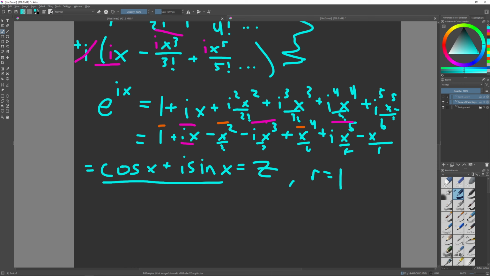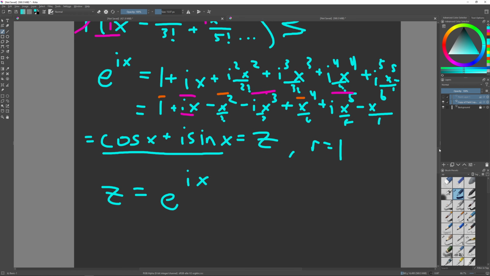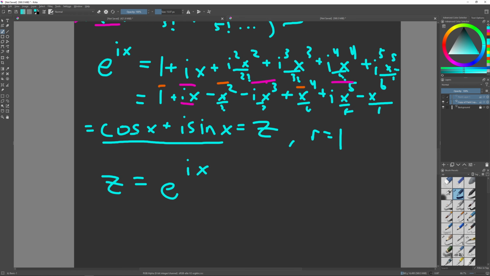So we're seeing that any complex number can be written in some kind of form like this in general. And in fact, if we multiply both sides by r, so this is a unit complex number because we said r is 1 here.